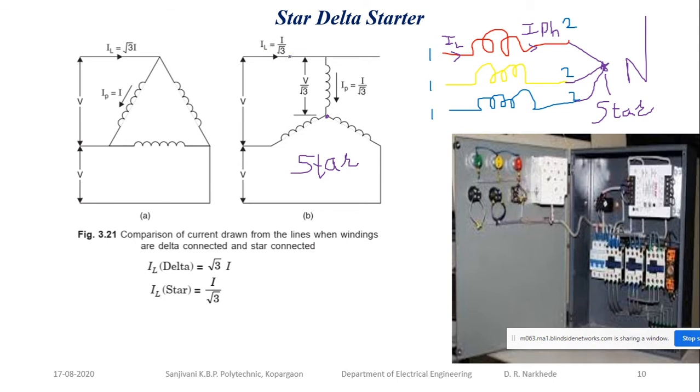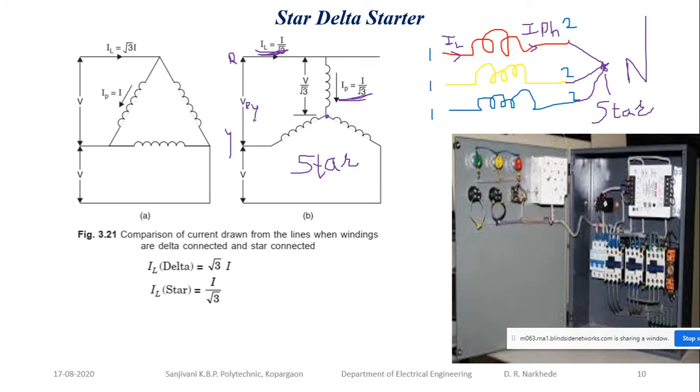Here, if you look, the line current is the same as your phase current. So this is your star connection. In a star connection, your line current and phase current are the same. But if we discuss the voltage, the line voltage means the voltage between two phases. This is my R phase and this is my Y phase. So the voltage between these two is equal to VRY.